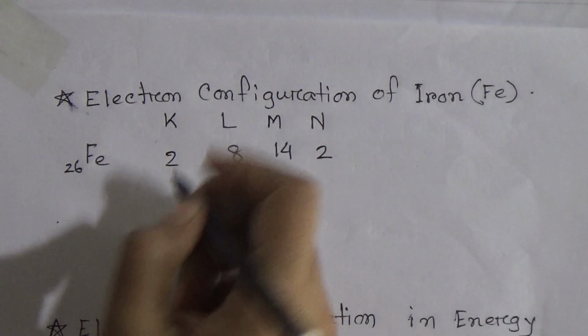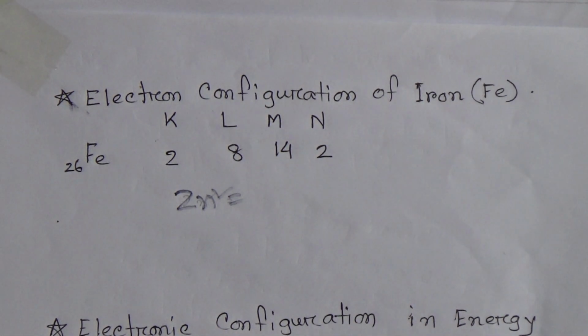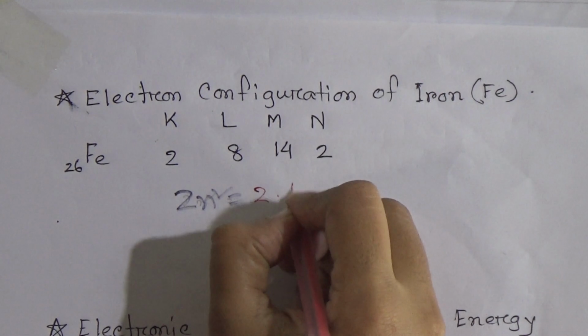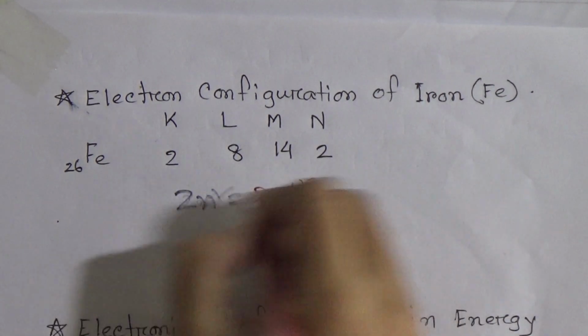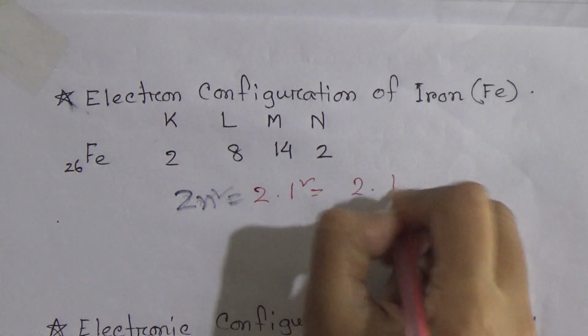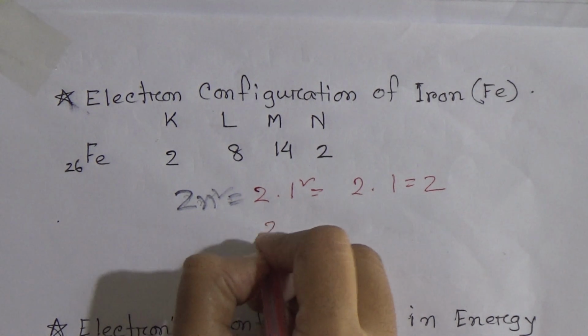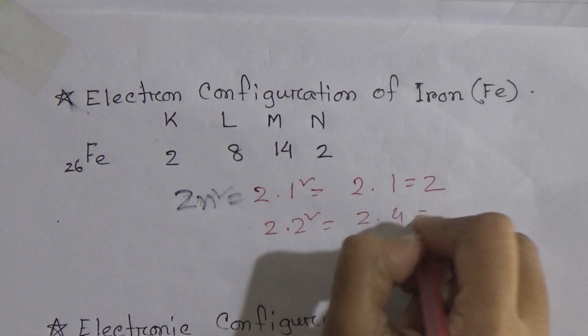How can we find this out? With the help of 2n square. 2 multiplied by 1 square, when it is K shell or first orbit, that will be 2 into 1, or 2. For the second orbit, 2 into 2 square, 2 into 4, that means 8.